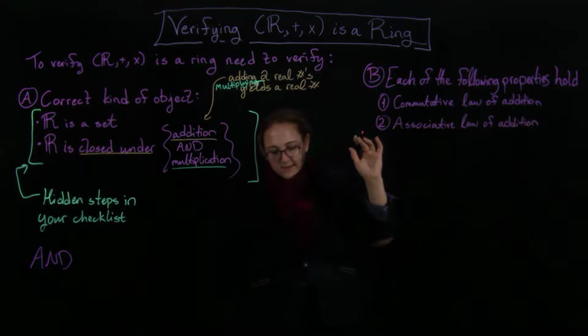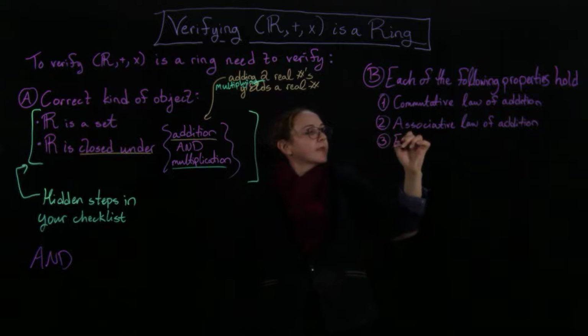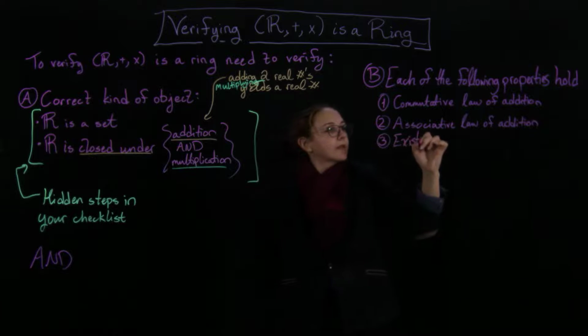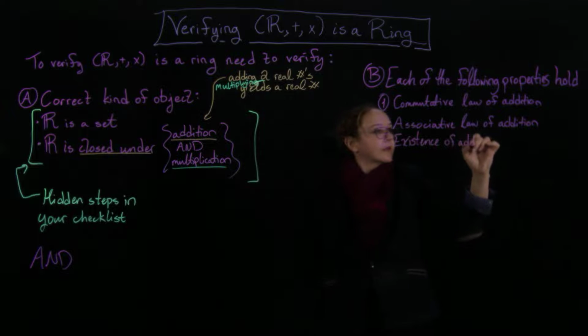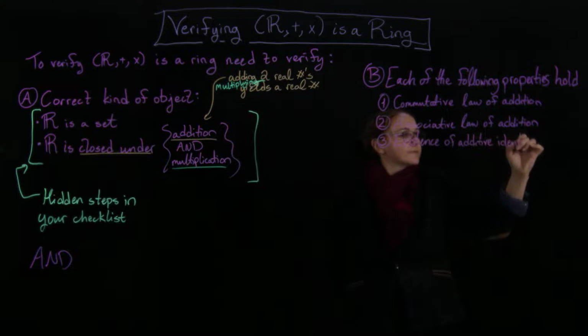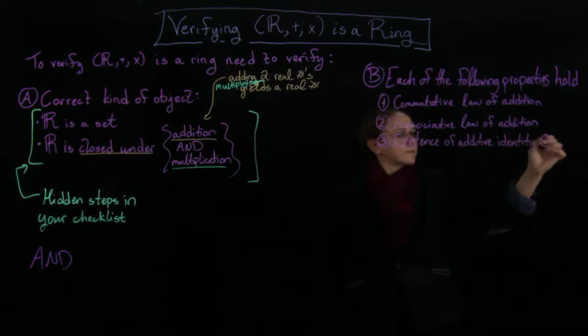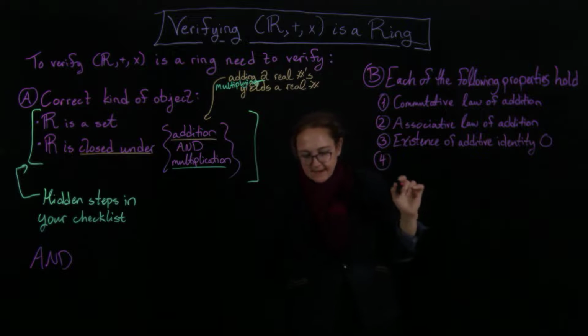We have the existence of the additive identity 0. We have the existence of additive inverses.